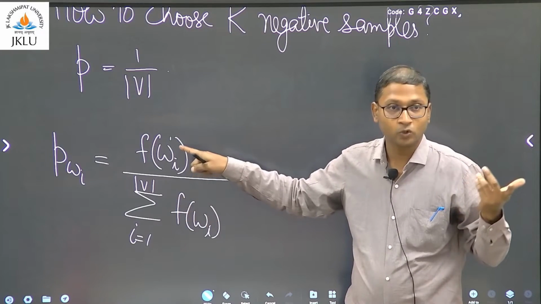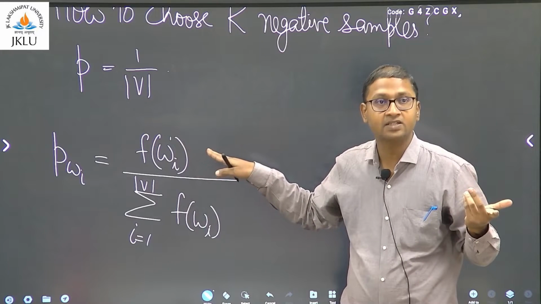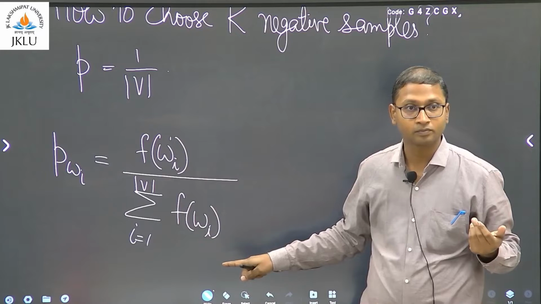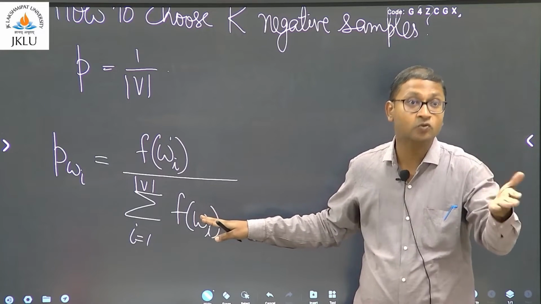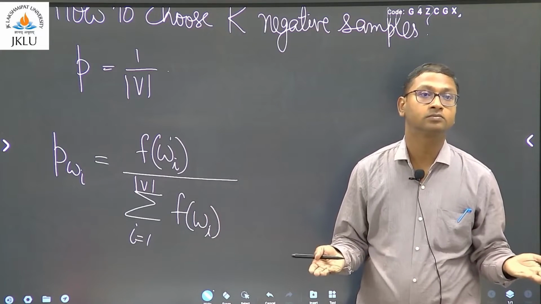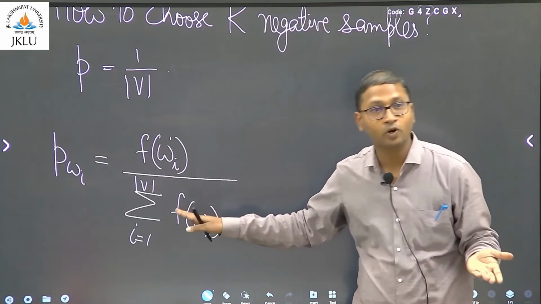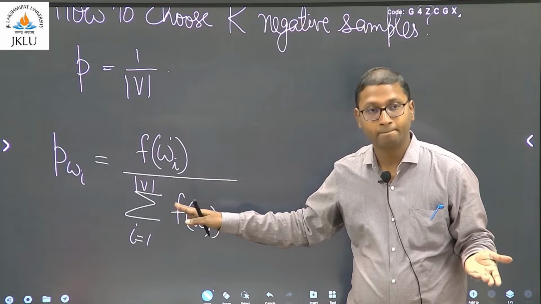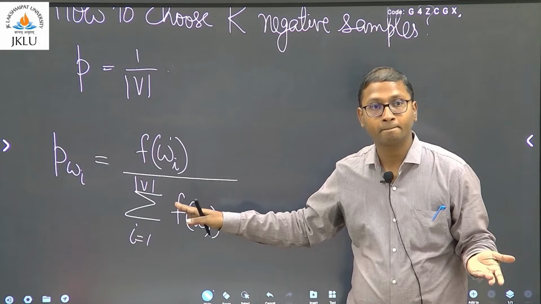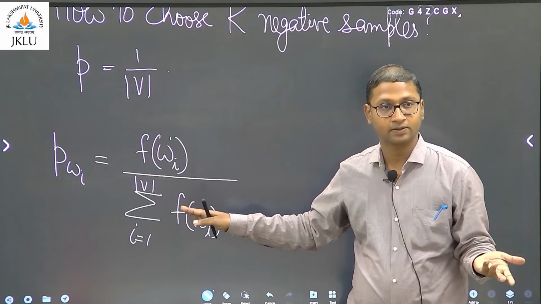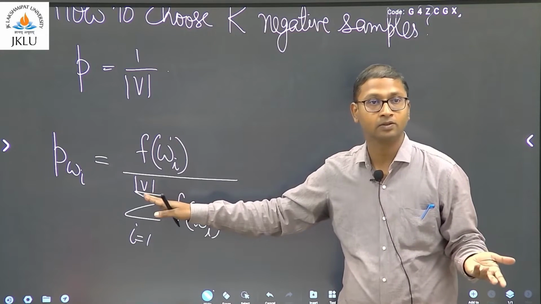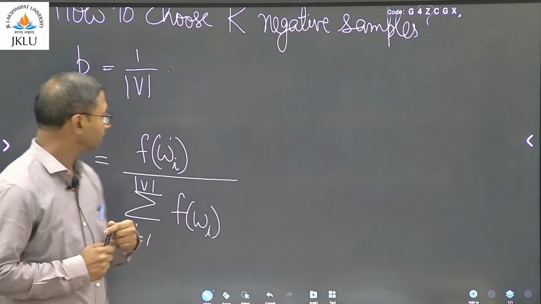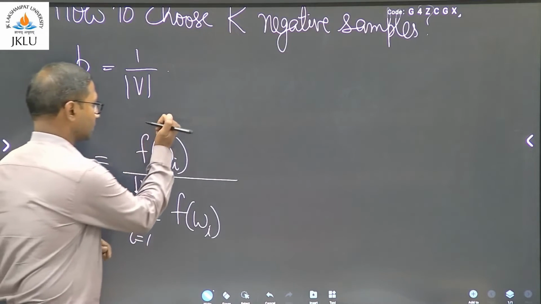So let's say a word appears, and the frequency of the first word can be more than 1. So this is not mod v, right? It is the exact corpus size, yes, not mod v.